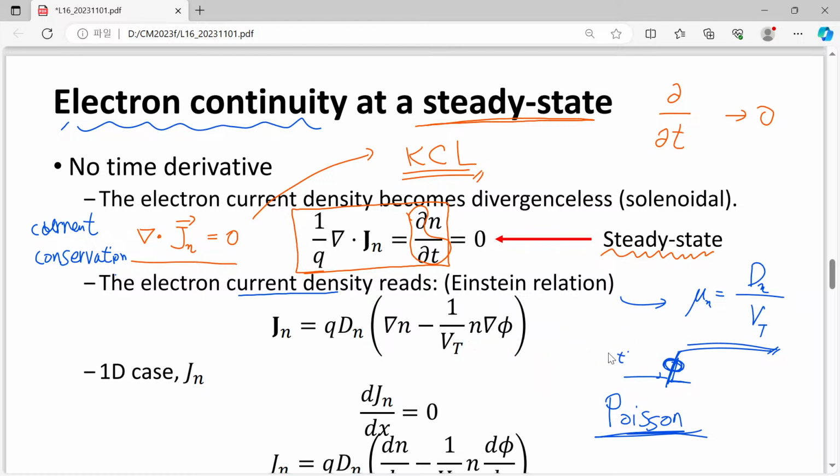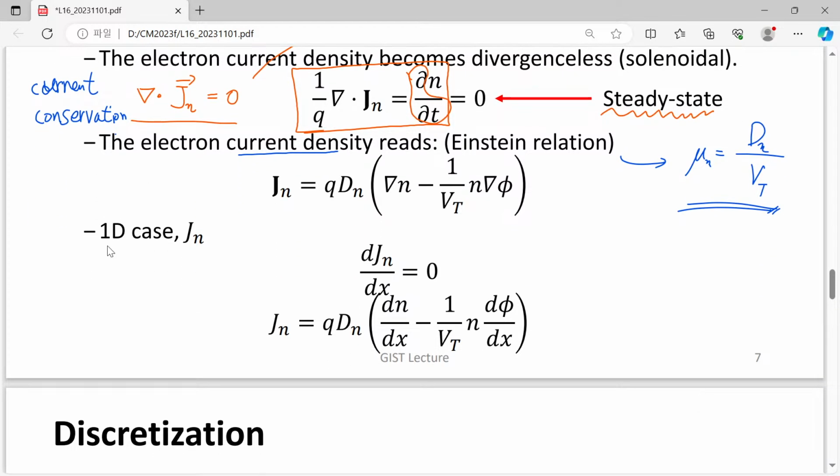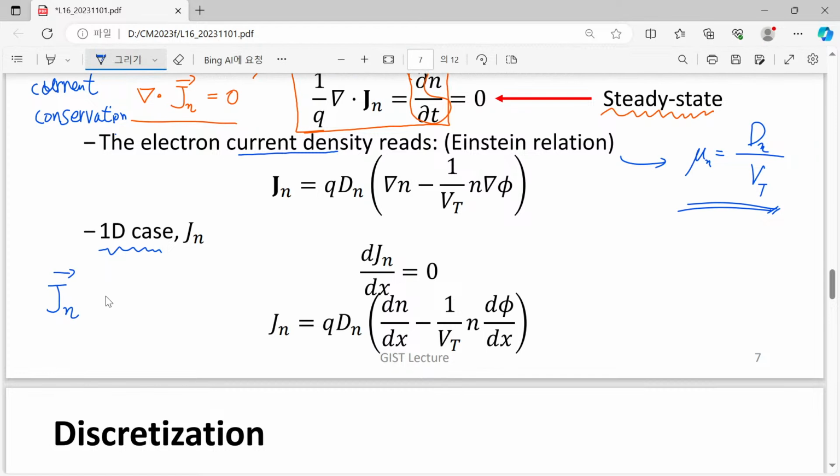So now let's go to our specialized case, like a one-dimensional case. If we adopt a one-dimensional case, then we can assume that the vector quantity of J sub n can be represented as this scalar quantity.